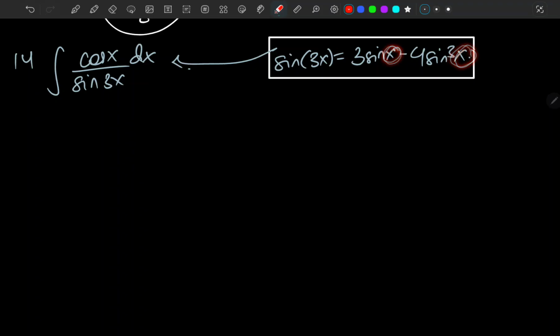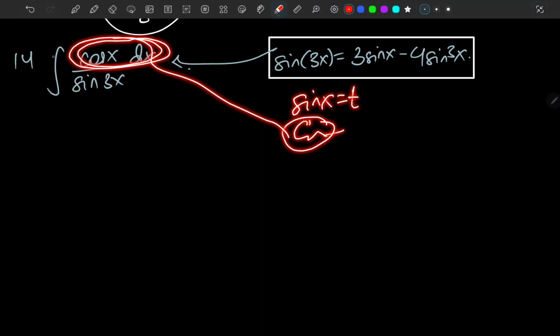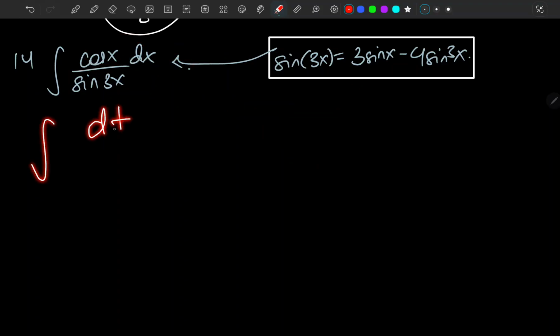So you can just plug in sine of x equals t, and the derivative of sine of x is cosine of x, which appears in the denominator. After that you are going to have dt over 3t squared minus 4t cubed, right? Sorry, 3t actually.